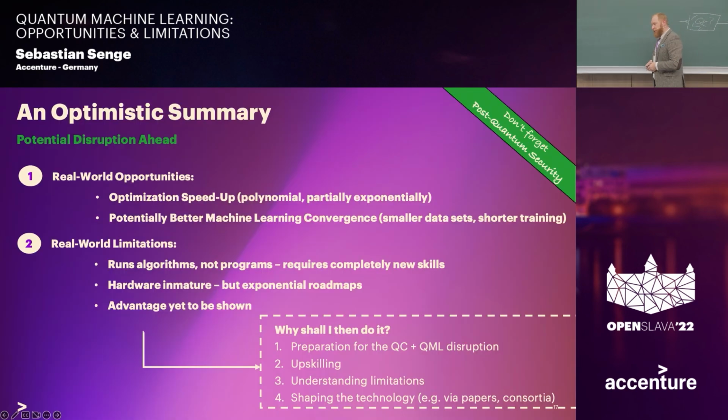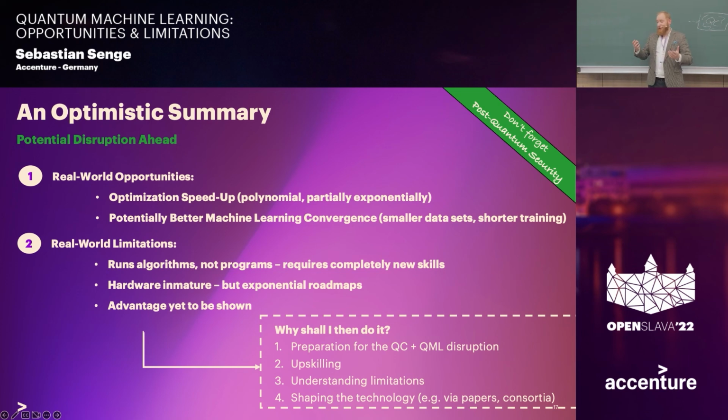Then let me come to my summary and then obviously to the questions. For real-world opportunities, we have the chance to get a significant speed up for optimization and potentially even better machine learning approaches and convergence. As I said, a lot of research is going on in that area.